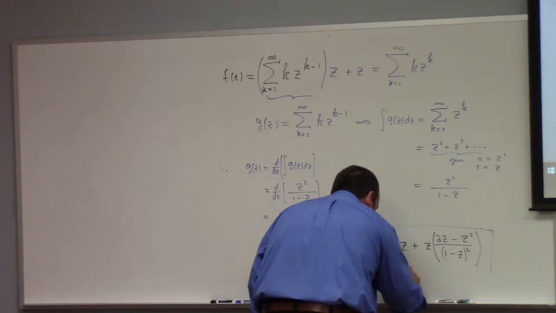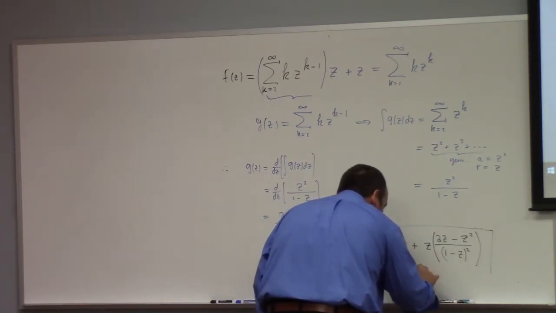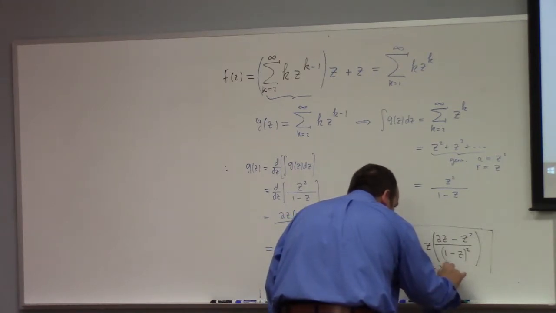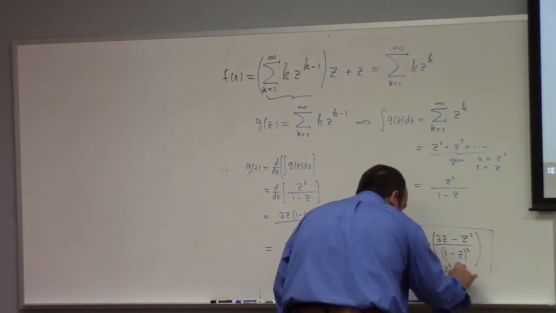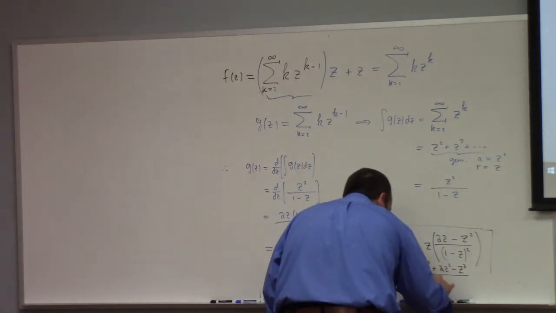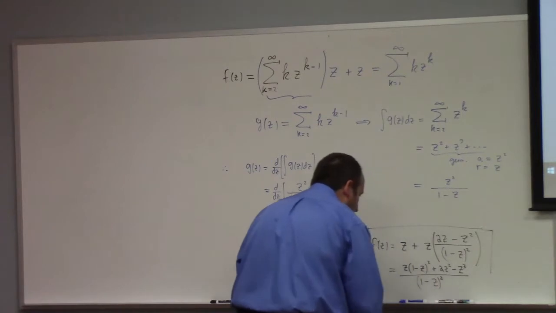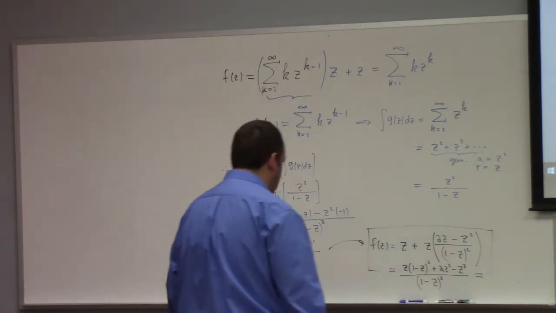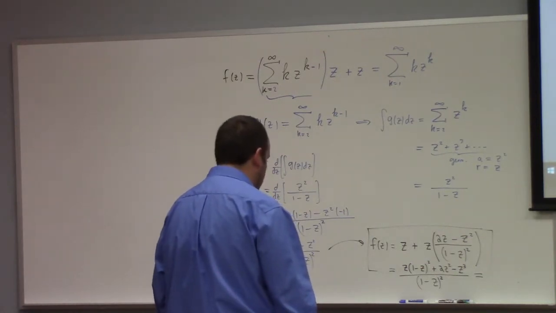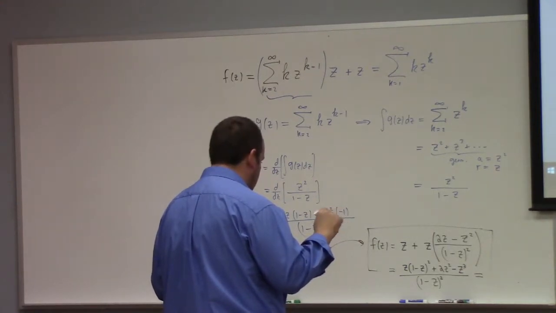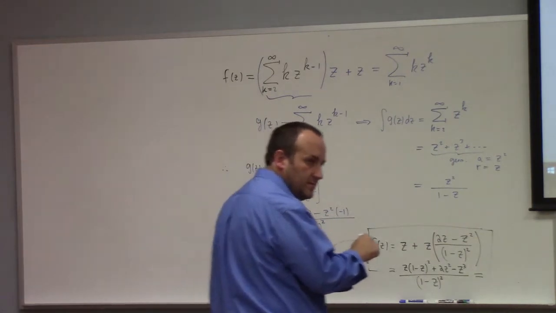We've got z times 1 minus z quantity squared plus 2z squared minus z cubed, divided by 1 minus z quantity squared. Yeah, that works. Oh, you see it? Because it'll be plus z cubed, and then minus 2z squared, and then you're left with the 1 minus. So what's that simplify to? z over 1 minus z squared.